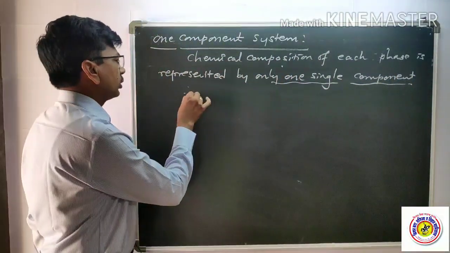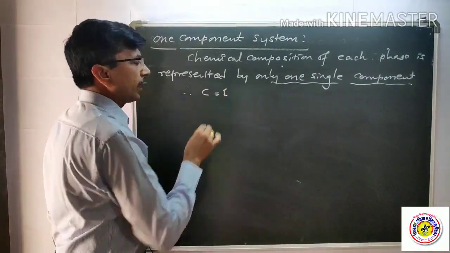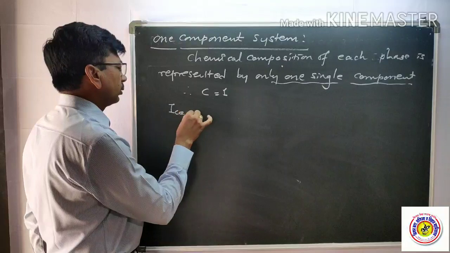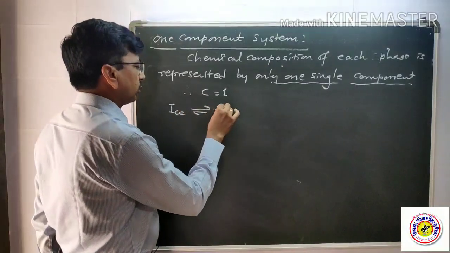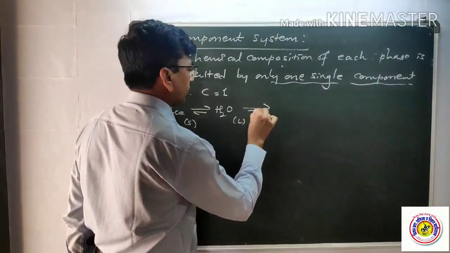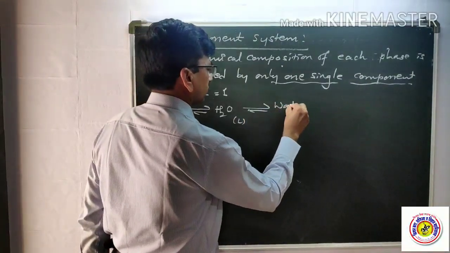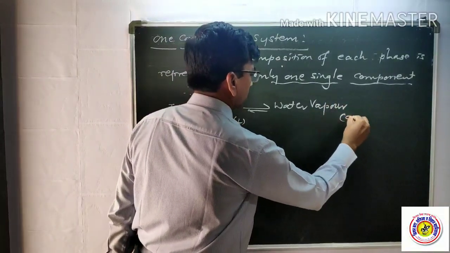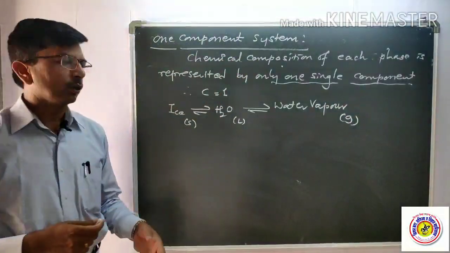Therefore, for this system, C is equal to 1. We have one example: ice, liquid water, and water vapor, which is in the gaseous state.